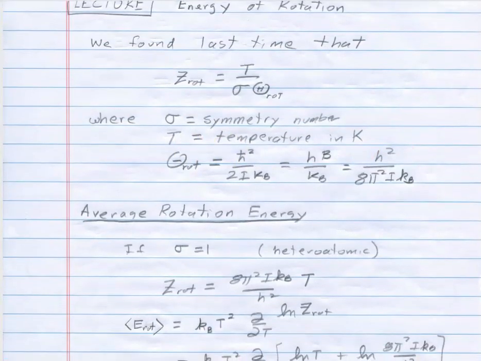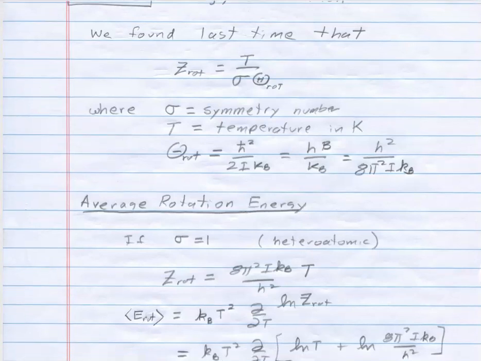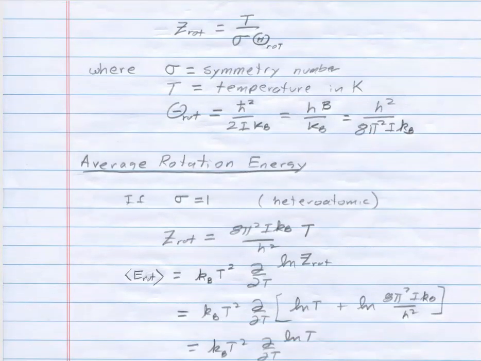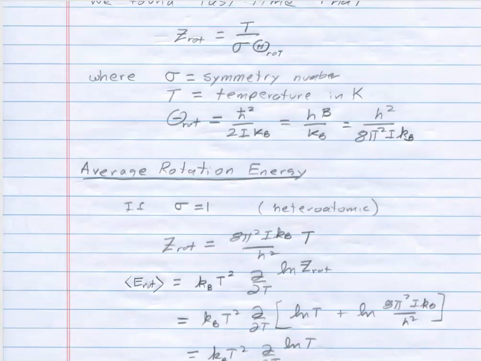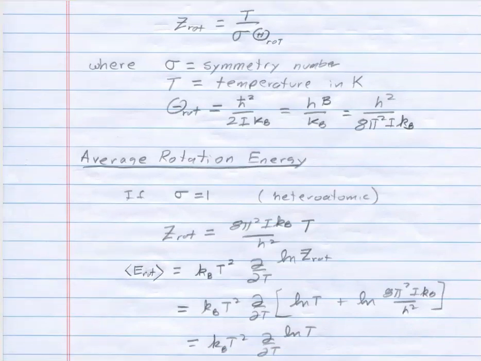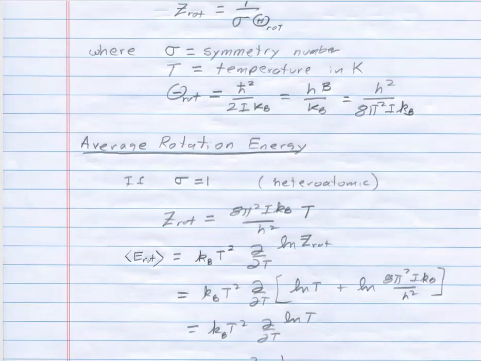Well, let's take a look at the average rotational energy for a heteroatomic diatomic molecule. So this would be maybe something like NO, for nitrous oxide. Oh, is that NO2? Yeah, you guys are the chemists, so I'll let you sort that one out.